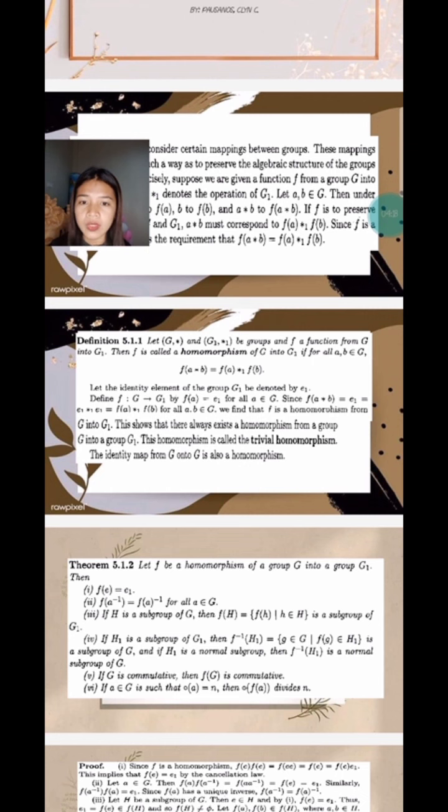So this shows that there always exists a homomorphism from a group G into a group G sub 1. This homomorphism is called the trivial homomorphism. The identity map from G onto G is also a homomorphism.